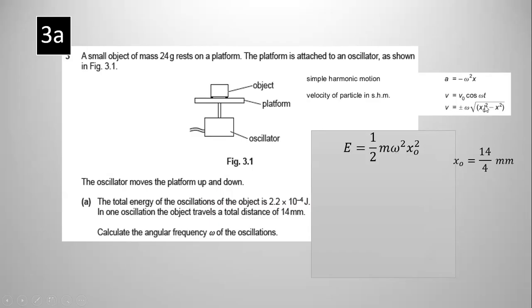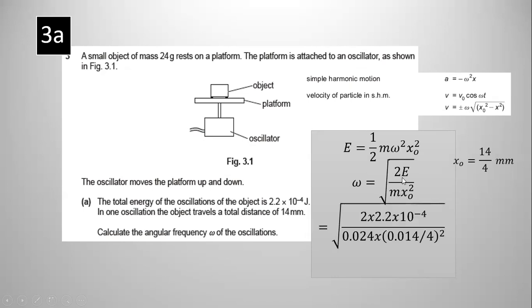If you've forgotten the formula, put x equals 0, then this is your v squared, so that will be omega squared x naught squared. For omega, take the 2 up there, take the m down and x naught squared down, and put in your values. That's your m, and this one is your x naught. Change it to meter. Okay, 39 radian per second.